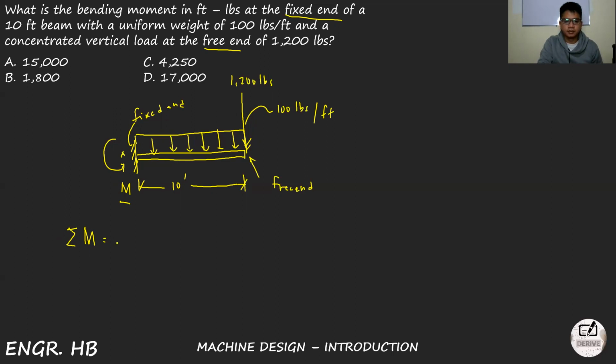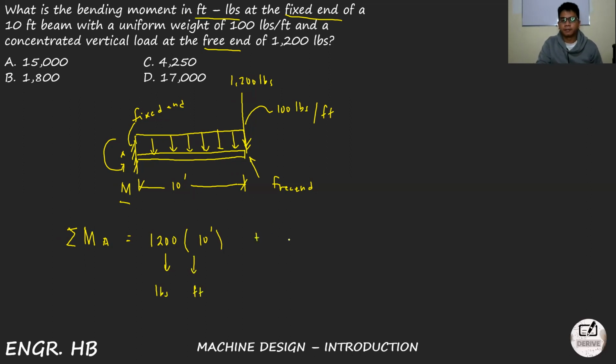Let's go from point A. That will be 1,200 times 10 feet, because the 1,200 from point A is 10 feet away. The unit we are looking for is feet-pounds, so this will be pounds and this is feet, so it is okay.